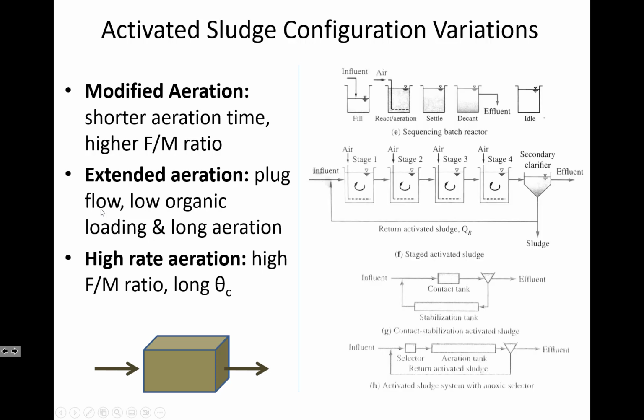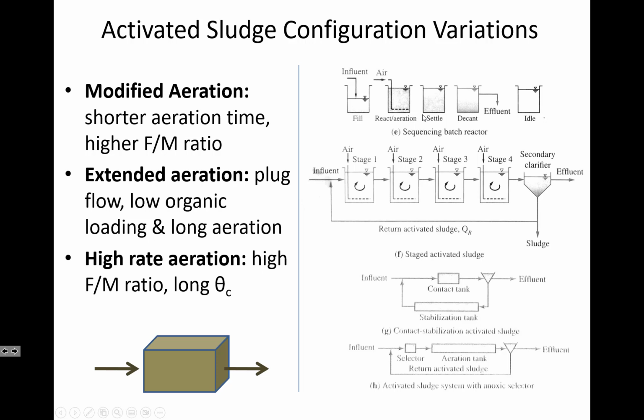So our book has a series of figures that illustrates newer techniques for suspended growth, and a sequencing batch reactor, this one at the top, is one where you have one tank that you would fill. You'd have a period of time, and by the way, you'd need to have several tanks in a sequencing batch reactor to provide for continuous treatment. You'd maybe have 5 tanks.